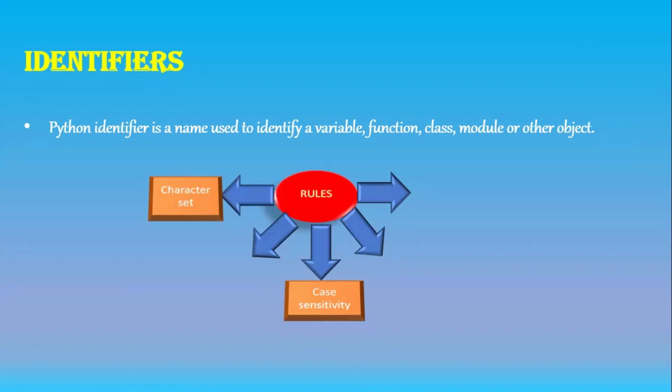The next one is case sensitivity. Python is case sensitive. This means, for example, myVariable, in which M is a small letter and V is a capital letter, is different from my_variable, which is in snake case. There are a few cases like snake case and camel case, and we'll discuss those in later sessions.